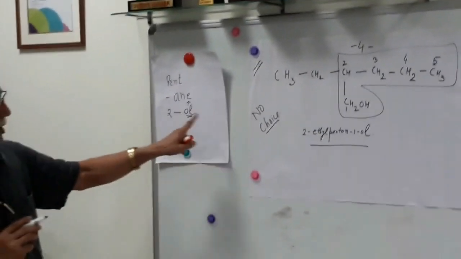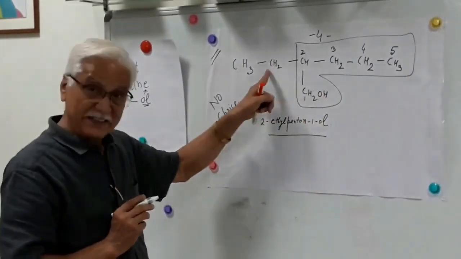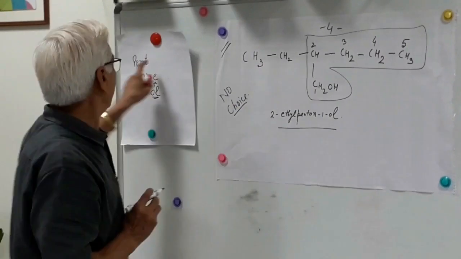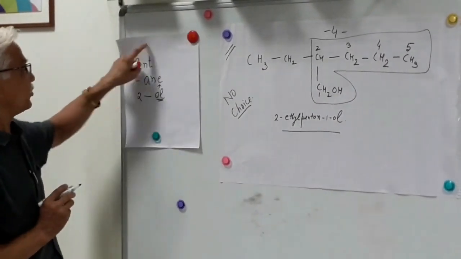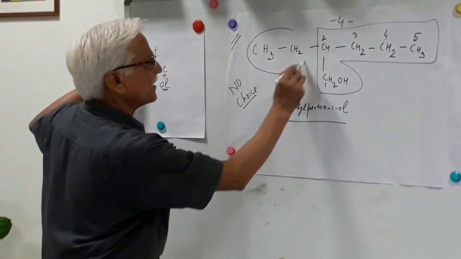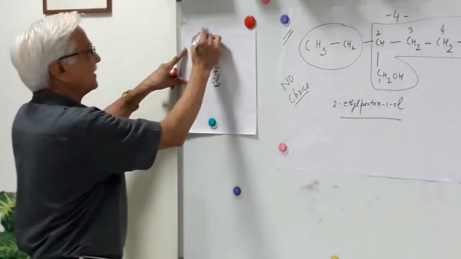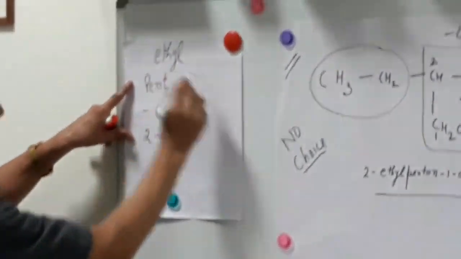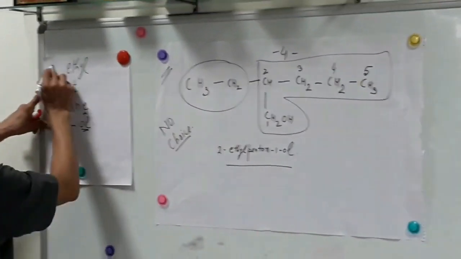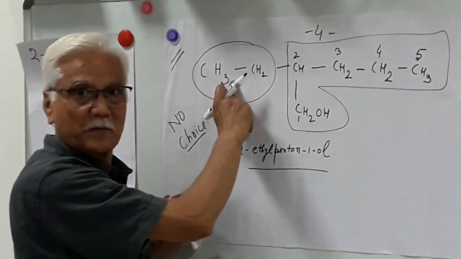Now the position of the functional group is at 1, but there is a side chain also. In the first case there was no side chain, so I had not written it. But here there is a side chain. What is the name of the side chain? Ethyl. What is the number? 2. So 2-ethyl.